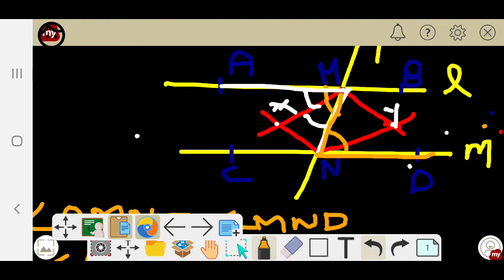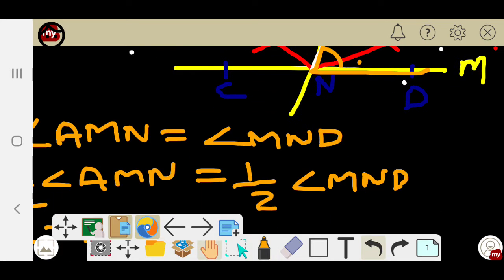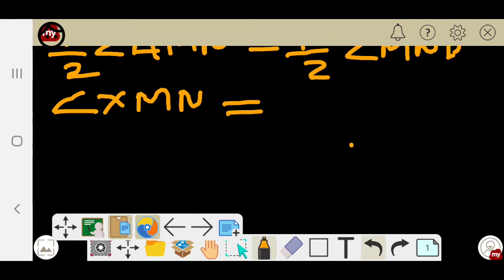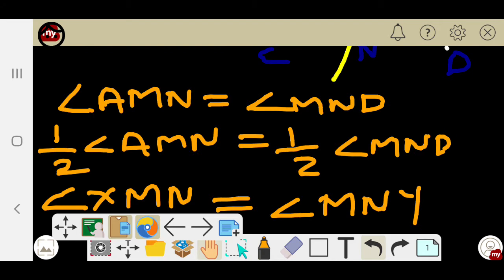That means the total angle MND is divided into MNY and YND. So these two are equal, meaning half of MND is the same as angle MNY. See the figure.